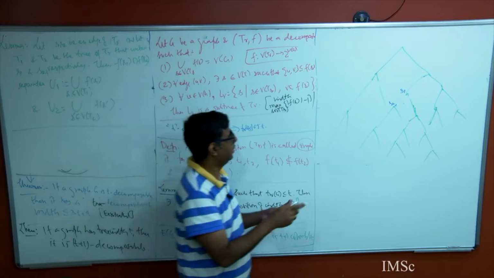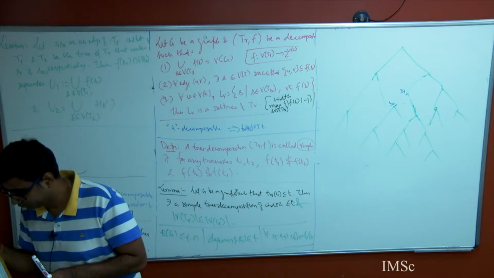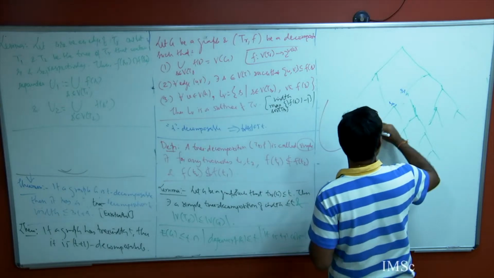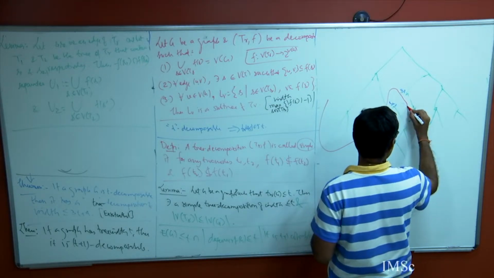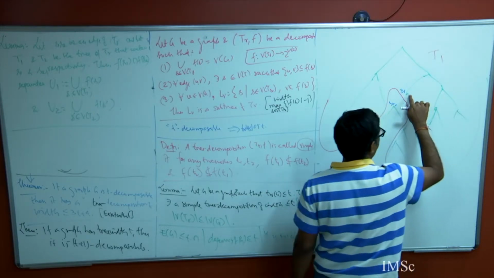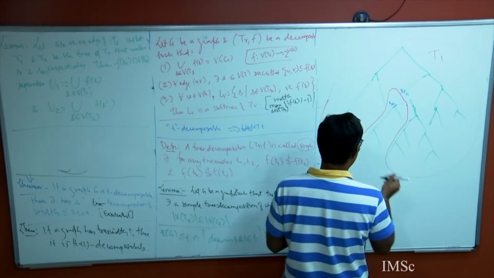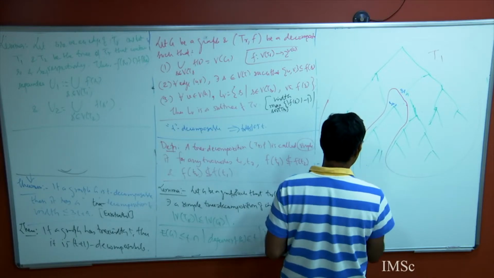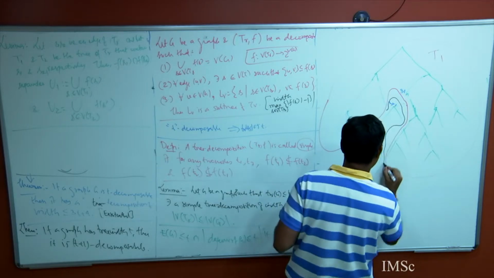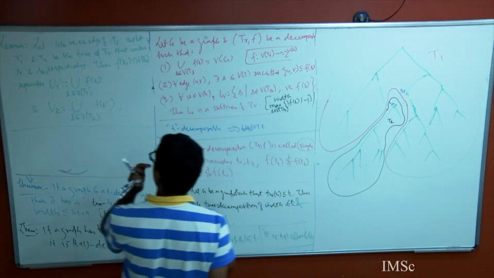If you delete any edge, okay, I am going to call this T1 because it contains S1, and let's draw more here, okay, and this tree here is T2.